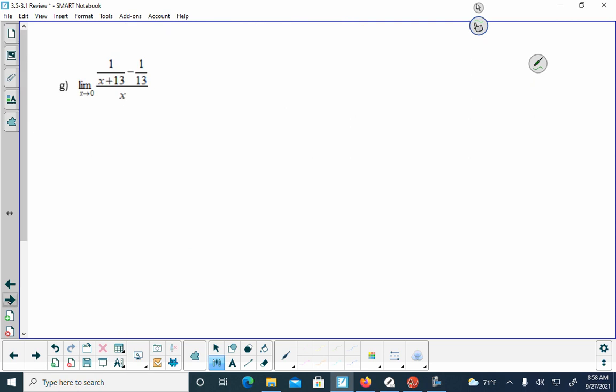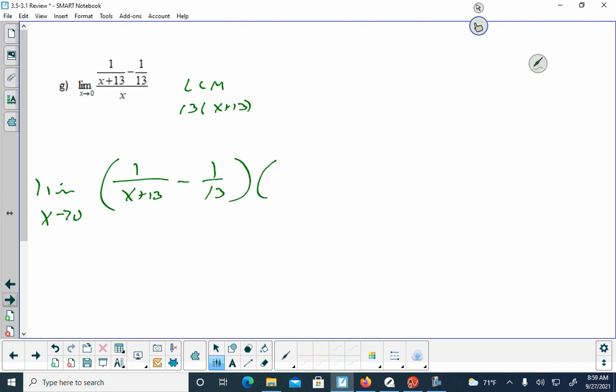The next one, when I put 0 in, it becomes undefined. So what I'm going to do is multiply by the least common multiple. The least common multiple will be 13 times x plus 13, because that's all my denominators. So I am going to take this 1 over x plus 13 minus 1 over 13, and I'm going to multiply that by 13 times x plus 13.